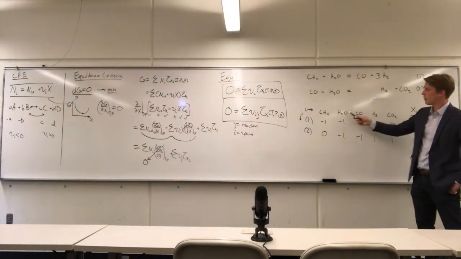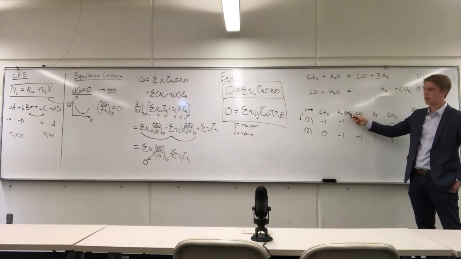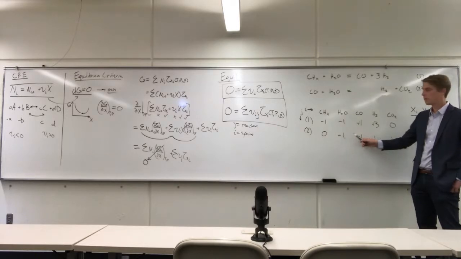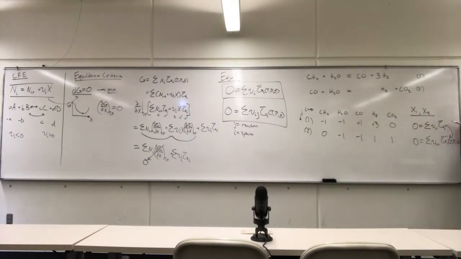But at that time, I would be changing the concentration of hydrogen, which means I would be altering the equilibrium of reaction 2. So what that means is that I have to solve these at the same exact time. So the more reaction systems that you're modeling, the more equations you're going to have. For every single reaction, you're going to have one extent of reaction, and one chemical reaction equilibrium relationship.